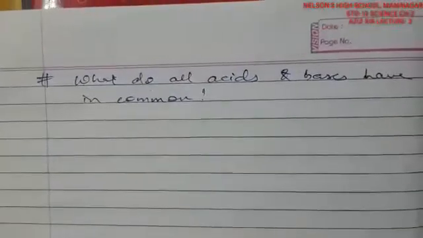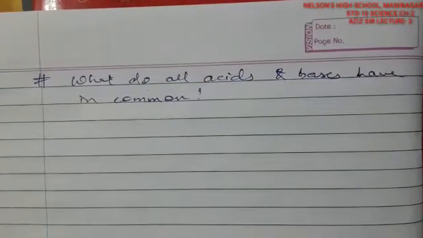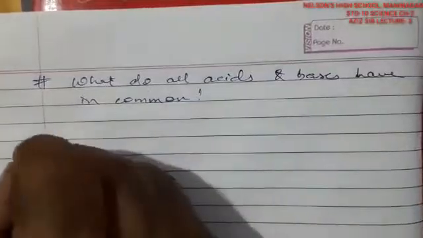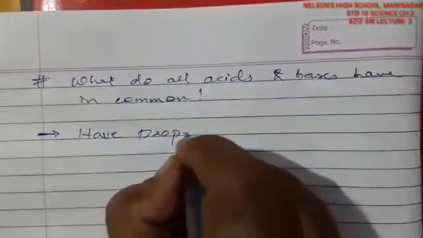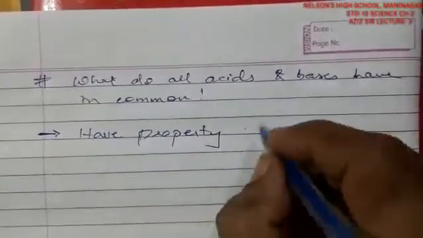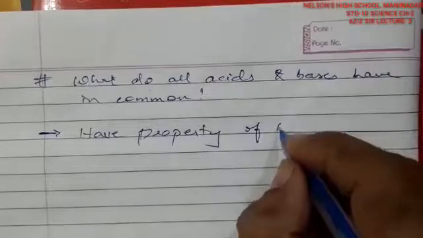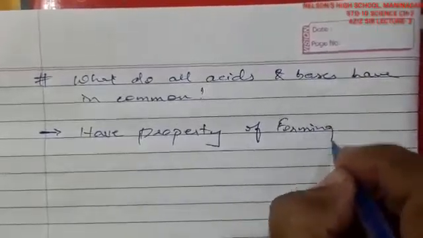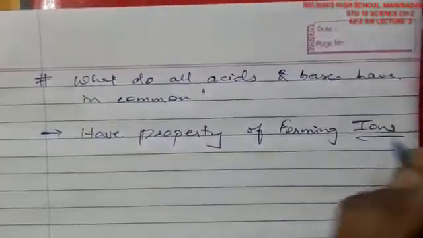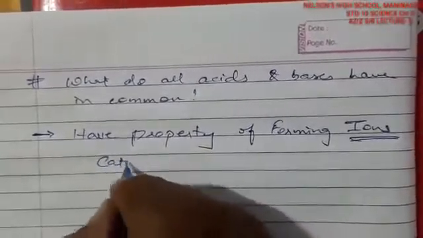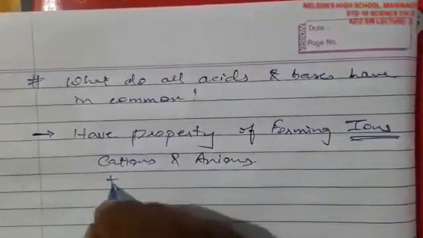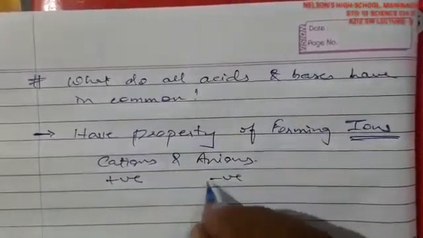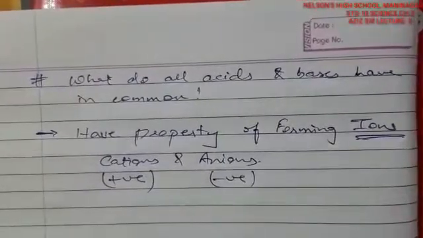In this topic, what they have in common is the property of forming ions. Ions means cations and anions. Cations are positively charged ones and anions are negatively charged ones. So they form positive and negative ions.